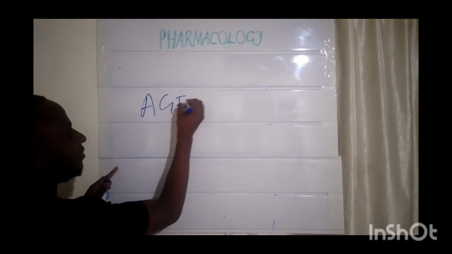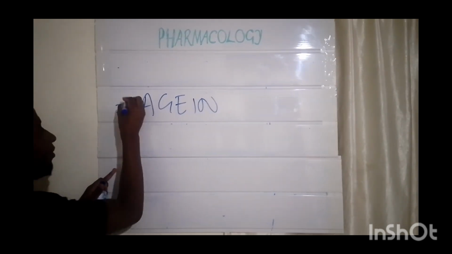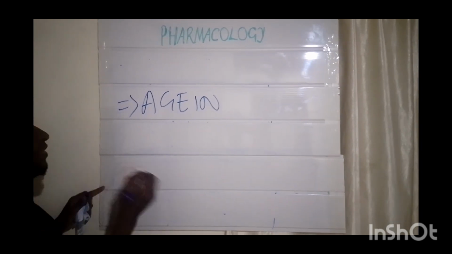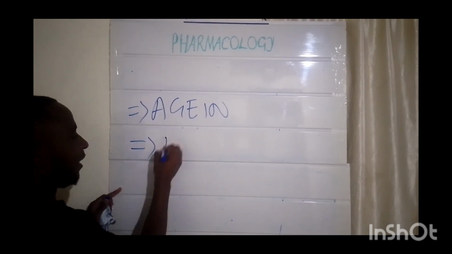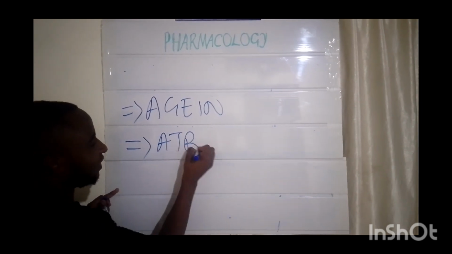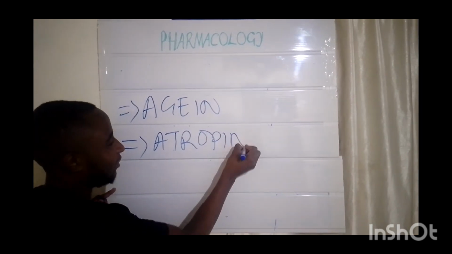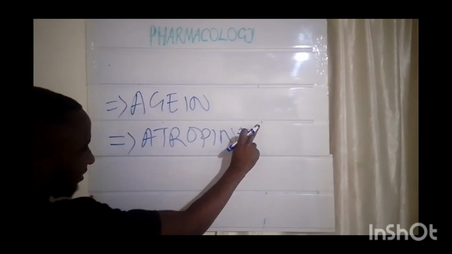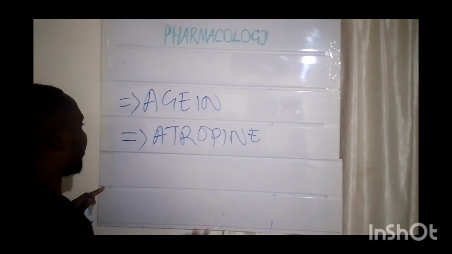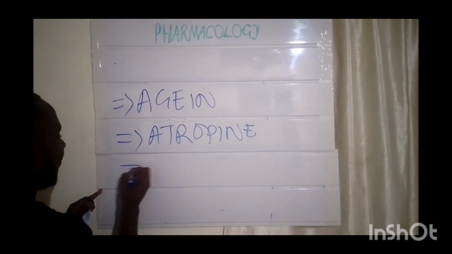So remember, aging. What is aging? You have to know what aging is. Organophosphate poisoning, the drugs that are used in organophosphate poisoning. I talked of atropine, which is the first line drug. It counteracts muscarinic effects. Go to my first video.